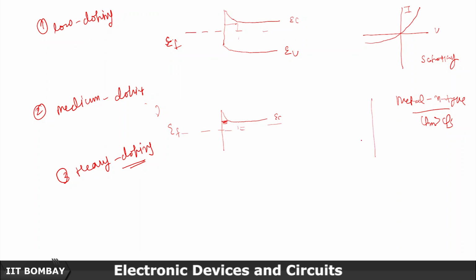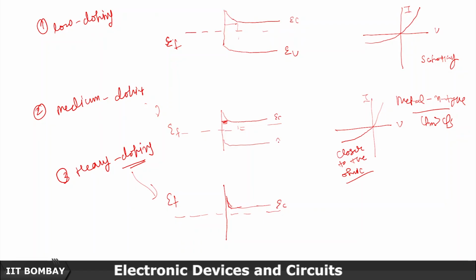So in the other direction, it will go closer to ohmic behavior. So this would be very, very thin, and then tunneling can happen here. So the characteristic it will have is an IV, nearly ohmic behavior in both directions.